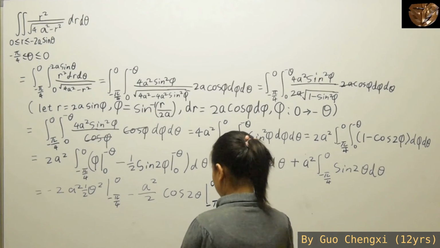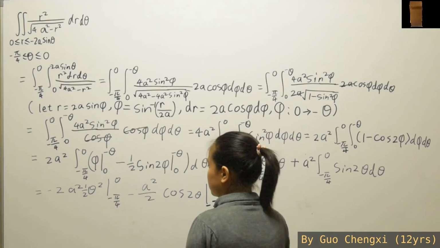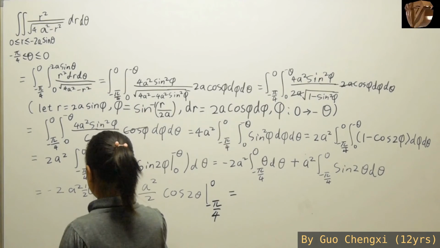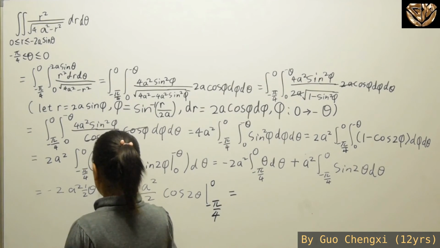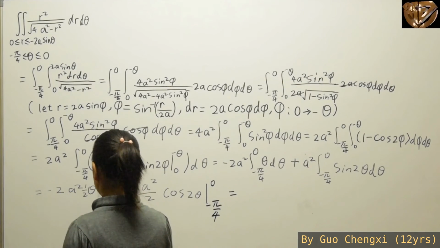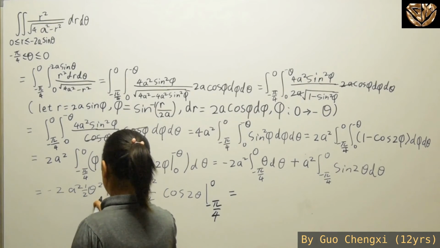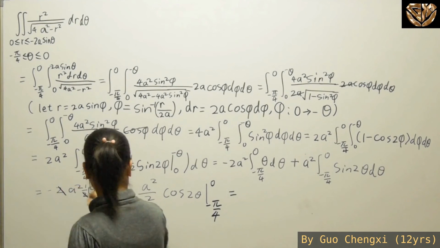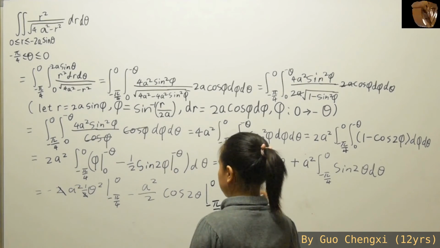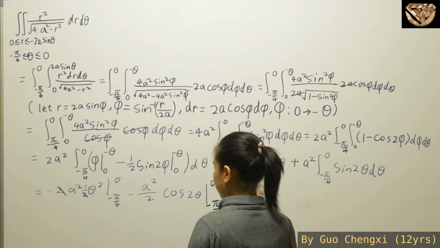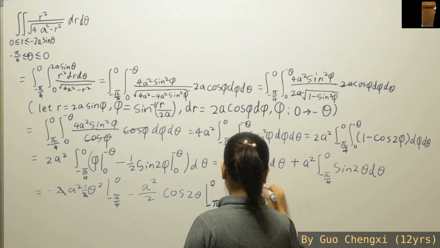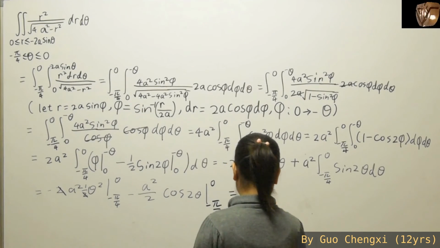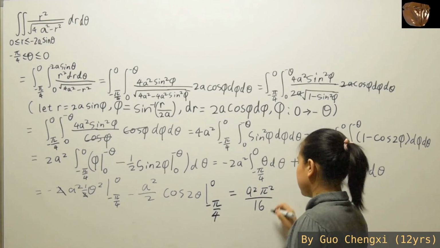When you substitute 0 in, you're just going to get 0, while if you substitute this part in, the negative will become positive. As a reminder, this has a square, so even though this is negative, it will still be positive. The 2 and the 2 can simplify, and you'll simply get a squared times pi squared over 4 squared, which is 16, and then your minus.